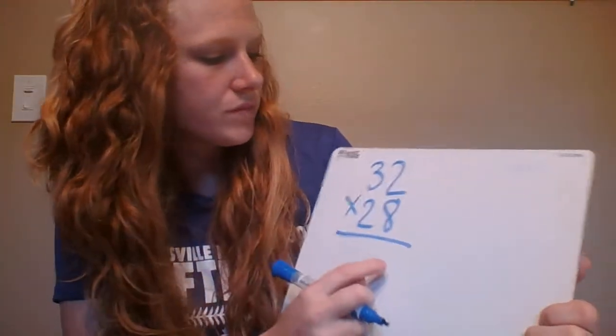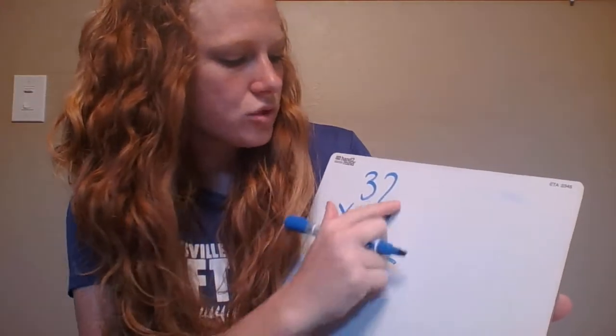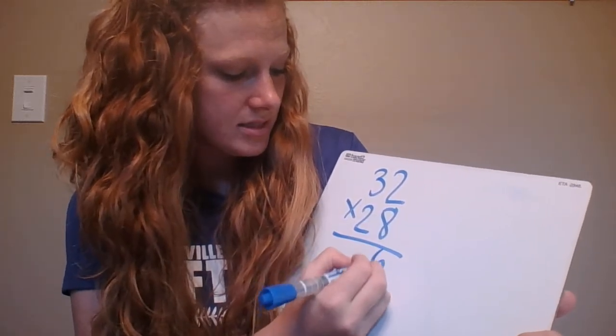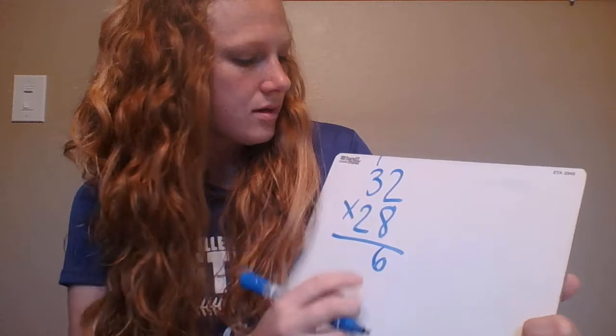All right. We now have one multiplication problem and one division problem left. Do 32 times 28. 32 por 28. First we do 8 times 2, 8 por 2, which is 16, 16. So we put our 6 and carry our 1.